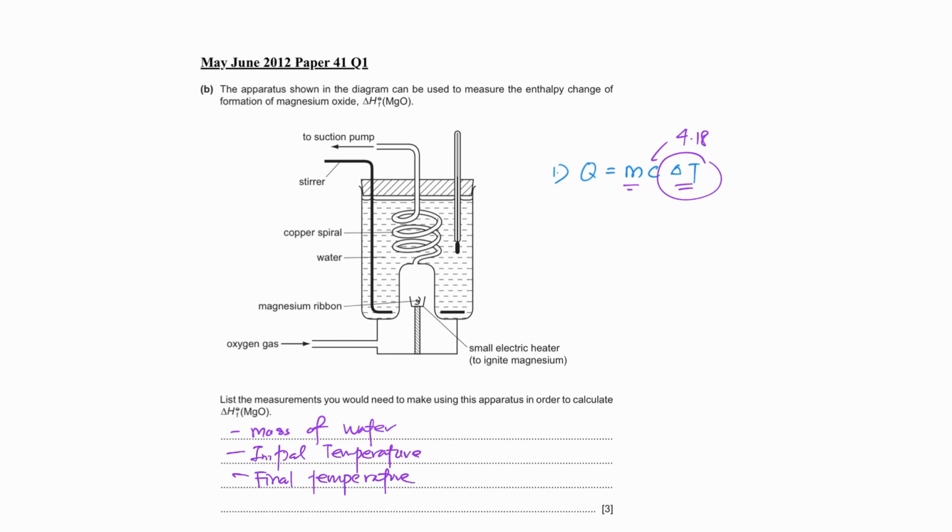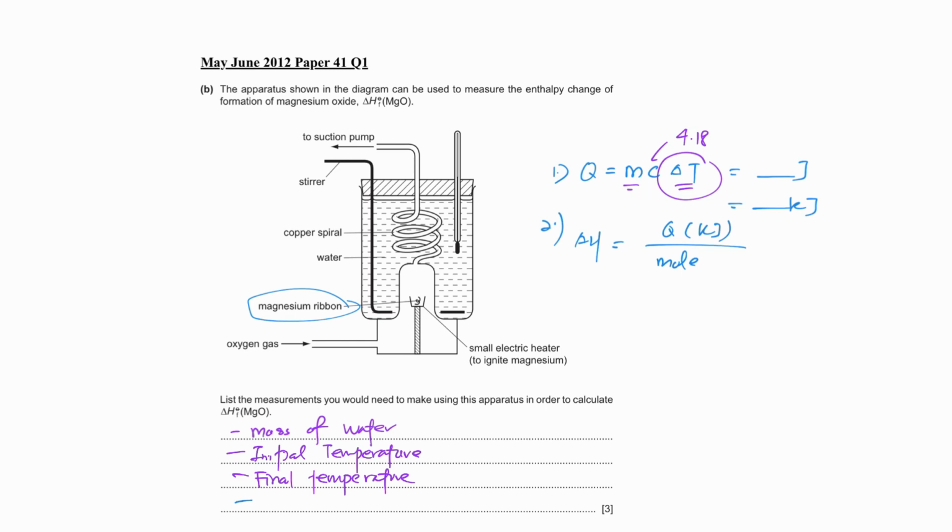So the next step is we make use of the Q that we got in joules and convert it to kilojoules to calculate delta H. So we have Q in kilojoules over the number of moles of the reactant, which in this case is magnesium ribbon.